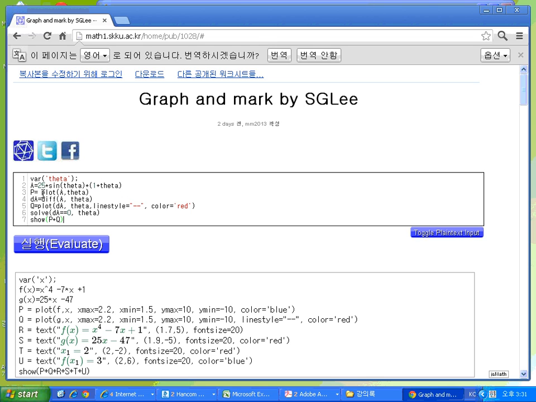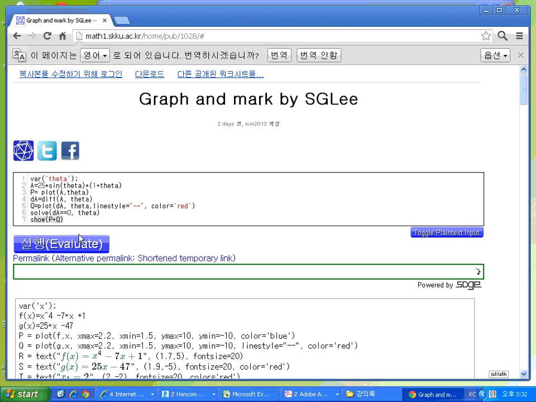Okay, so we plot this graph of A with respect to theta as p, and we find the derivative of this A, write it down as dA, and plot that graph with the red dotted line. Then if we solve it, we can show these two graphs together.